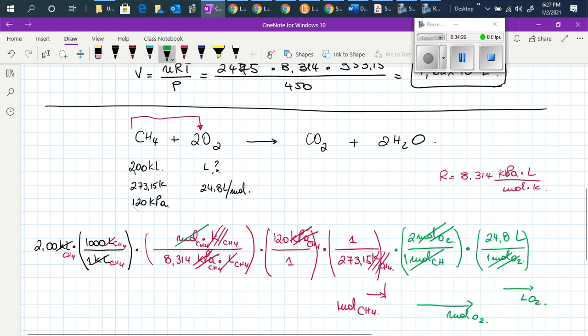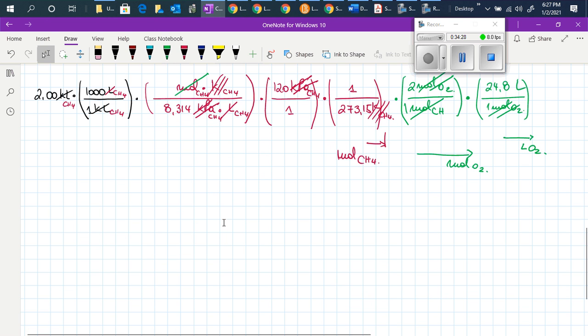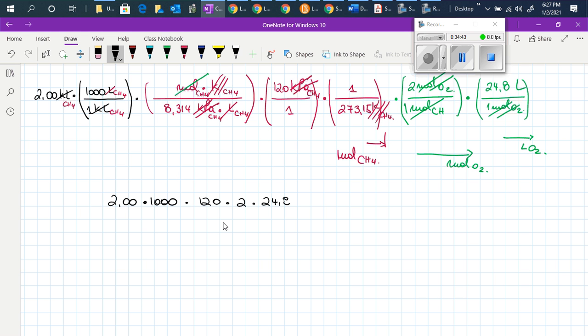In terms of numbers, what we have is 2.0 times 1,000 times 120 times 1 times 2 times 24.8, the whole thing divided by 8.314 times 273.15 times 1 times 1, and this will be liters of oxygen.